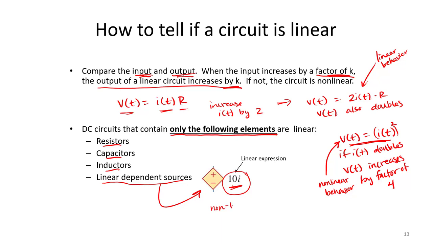An example of a nonlinear dependent source would be something like this, where we have our dependent voltage source with 10I squared. Notice I squared would produce nonlinear behavior.